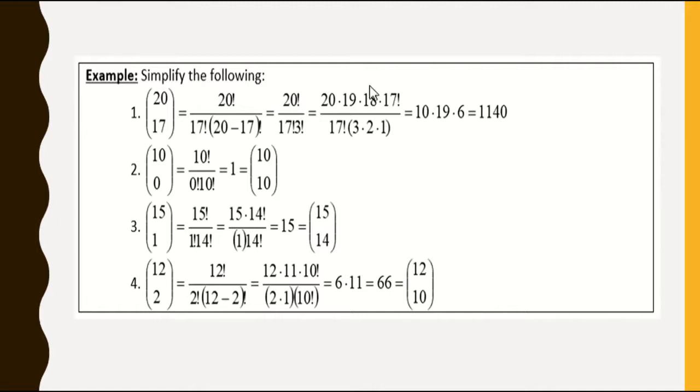So if we simplify further, the result is 10 times 19 times 6. 20 can be divided by 2, and that is 10. 19 is a prime number, so it cannot be divided, it is just 19. Then 18 can be divided by 3, which is 6. So 10 times 19 times 6 is equal to 1,140.